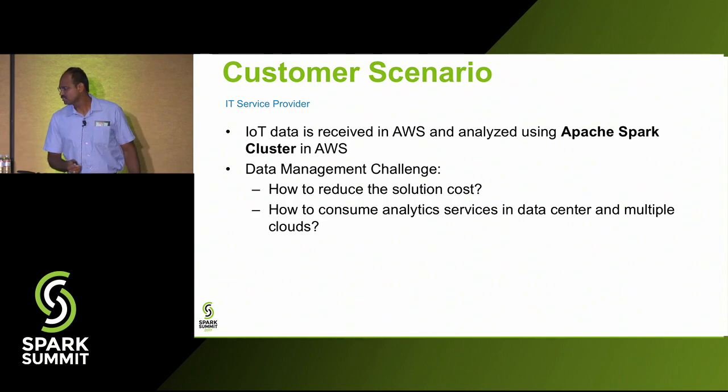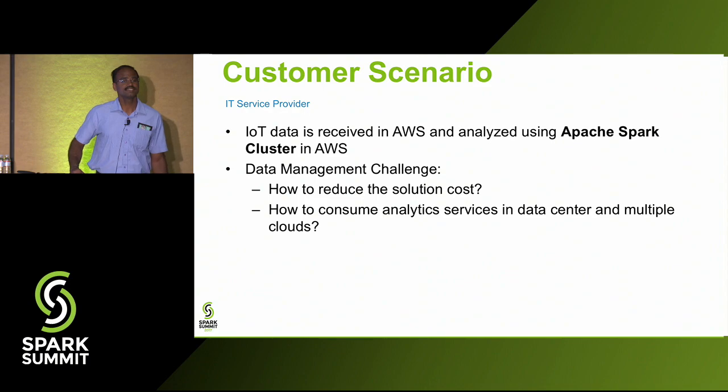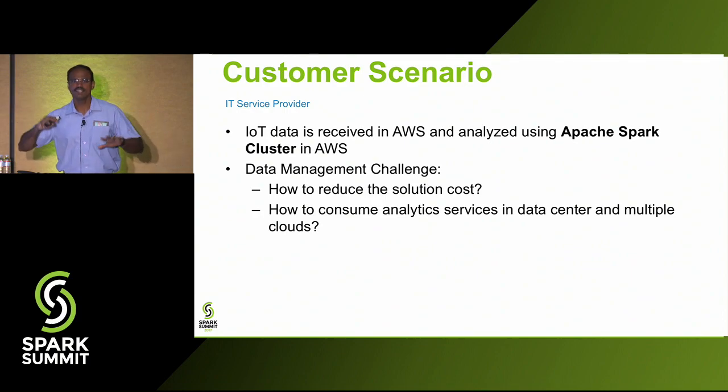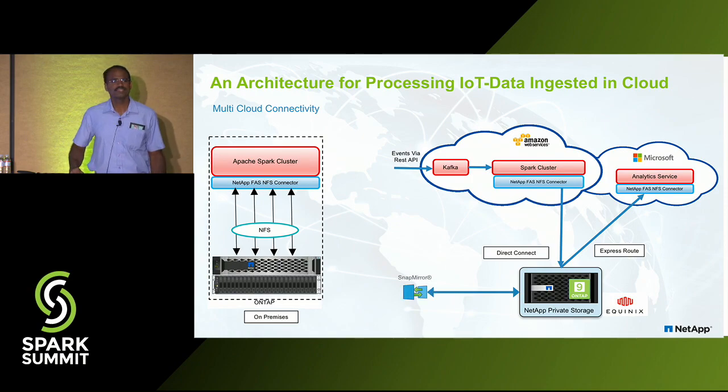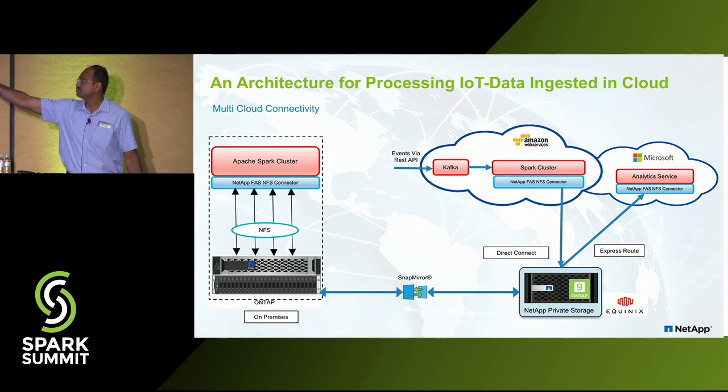So how do we provide the solution here? One more thing is they want to use the data across multiple data centers and cloud scenarios. So how are we addressing this? First, the same thing here, they are ingesting the data through Kafka, and that data is available here in NPS.